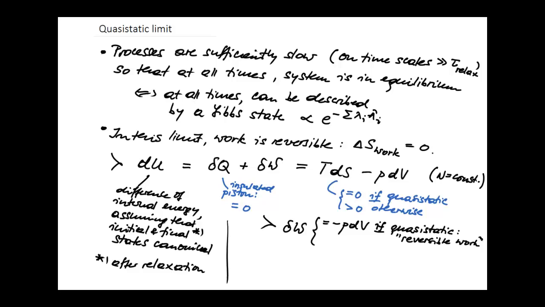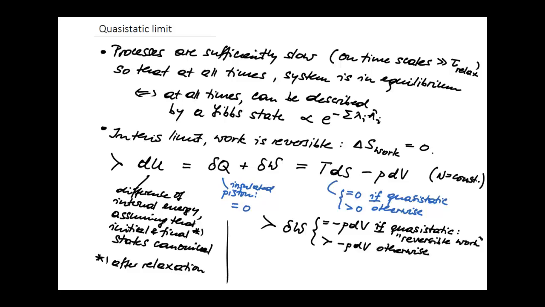On the right-hand side, you have TdS, where dS is larger than 0. The temperature is also larger than 0. So TdS is larger than 0. So you have delta W, the work performed, is equal to something which is larger than 0 minus PdV. Therefore, the work is larger than minus PdV.